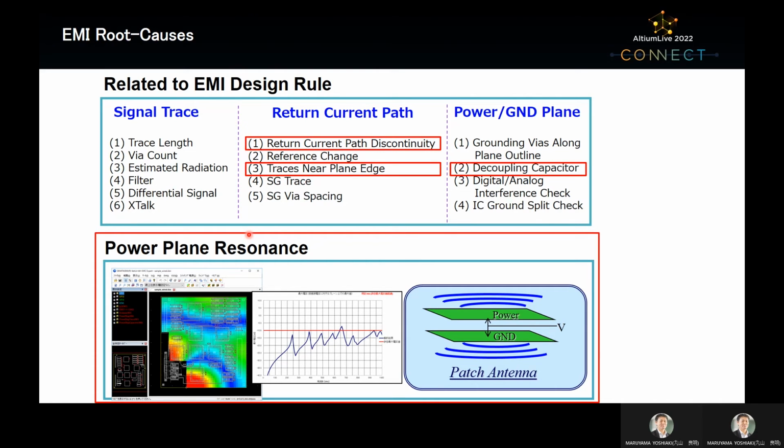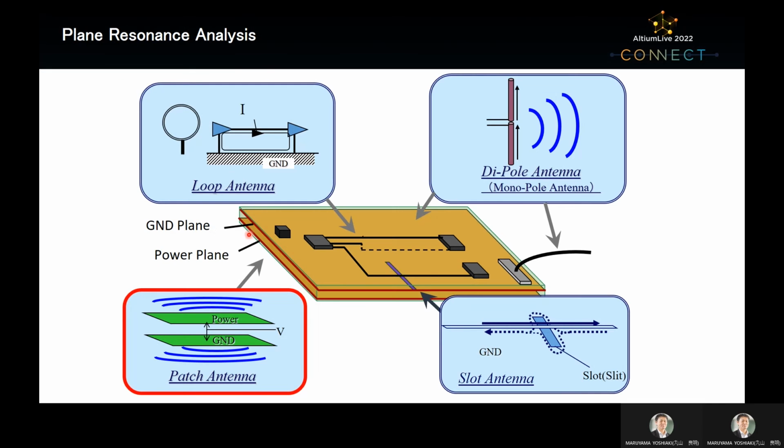Next, I will explain the basic knowledge and verification result of plane resonance between power and ground planes. Generally, there are various antenna patterns in a PCB. A single-ended signal behaves like a loop antenna.